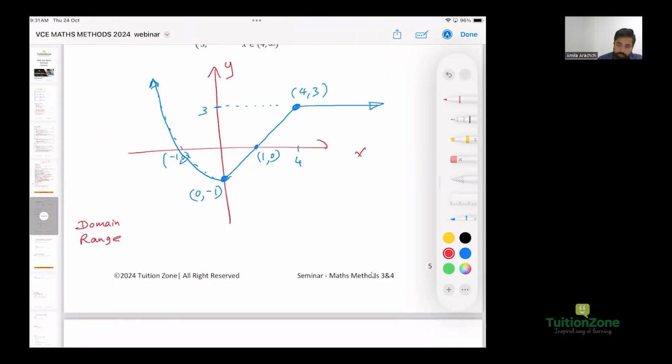And also, I'll ask this way: find the x values for the gradient to be defined. There are three sections: same graph, domain, range, and find the x values for the gradient to be defined.